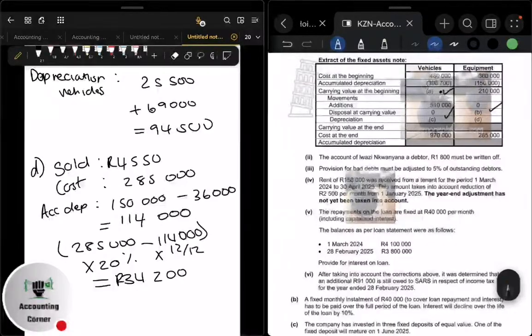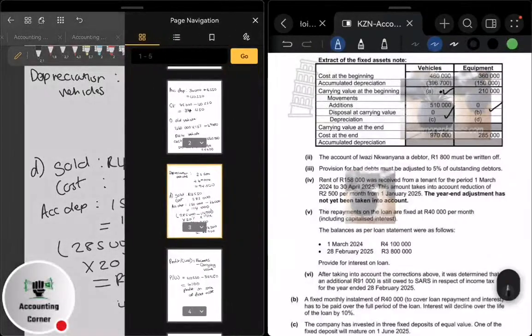Okay, so for equipment, it's 4,550 plus 34,200, which is 38,750. Okay, so we'll take that 94,500 plus 38,750 to give us depreciation of 133,250.